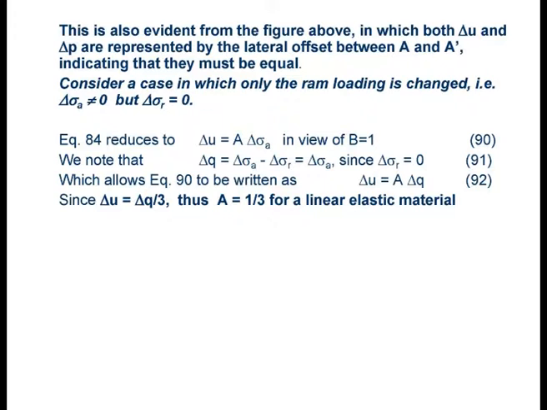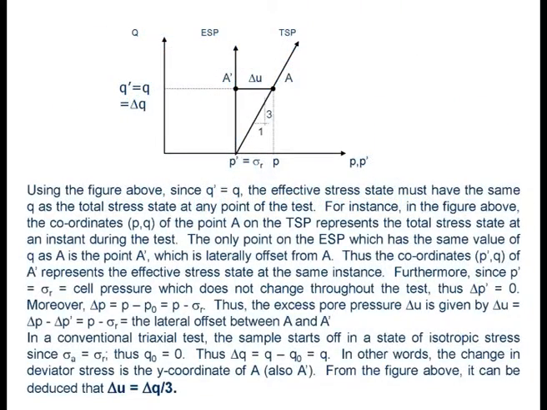Alright, and this has all to do with the fact that on the PQ plot, if you do an undrained test on a linear elastic material, as long as A equals 1/3, or as long as the material is elastic, the effective stress path will be a vertical straight line.